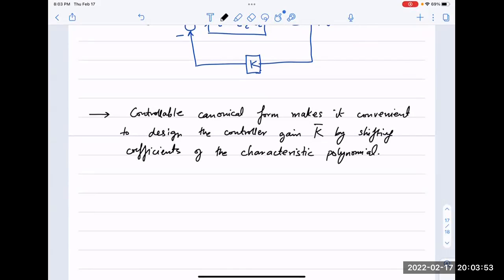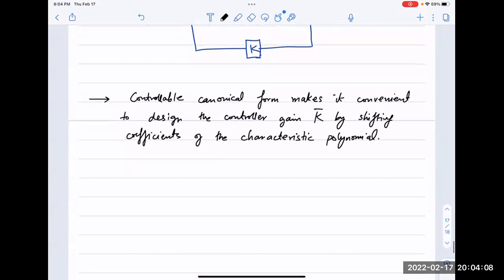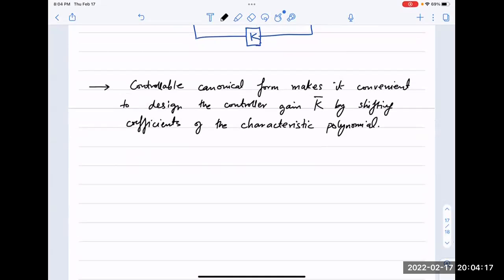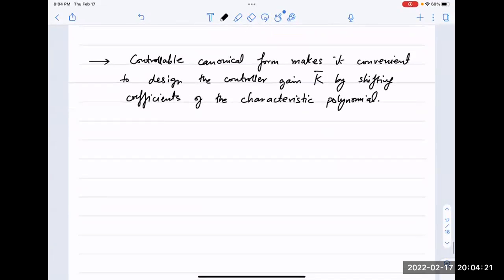Only the a0, a1, a2, and so on are shifted by k1, k2, and so on. So this additive shift can be reversed to design your controller gain K bar, and that can be inverted to go back to the original state space representation to get K.